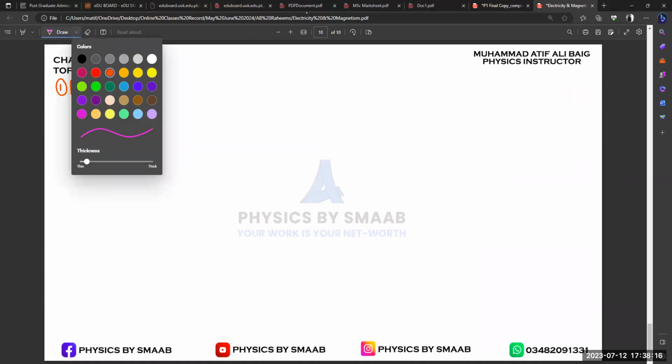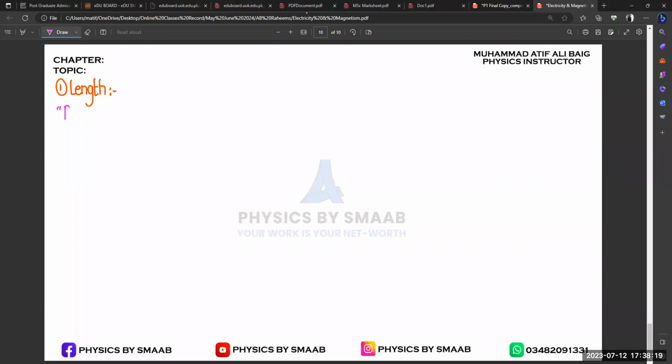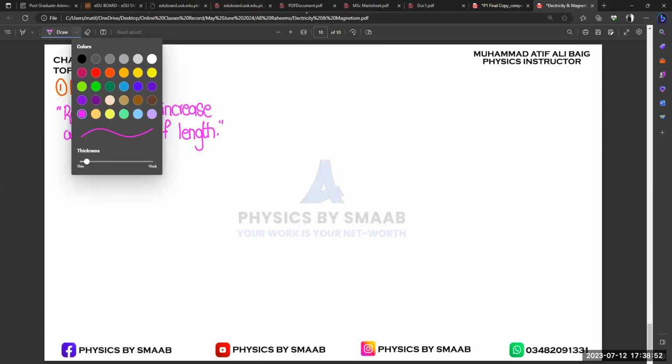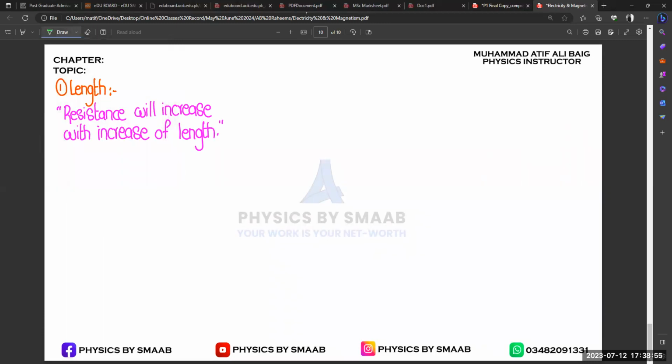So we may write it as: resistance will increase with increase of length. It means both are directly proportional. If we increase the length, resistance will automatically increase. R is directly proportional to length.